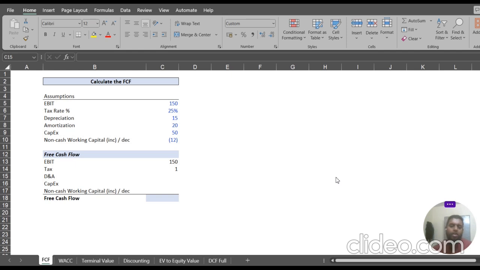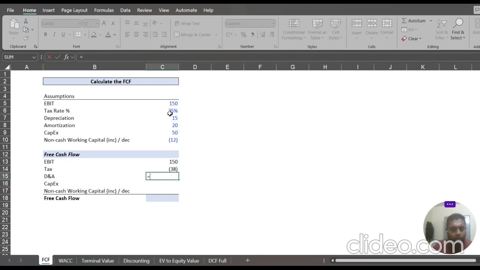Increase or decrease depends. Herein it is minus or plus based on it; since it is an increase, we add it instead of subtracting. So herein first EBITDA is the same. If you see the formula, just copy it. Then the tax rate will be EBITDA into, so we'll keep it as minus this.